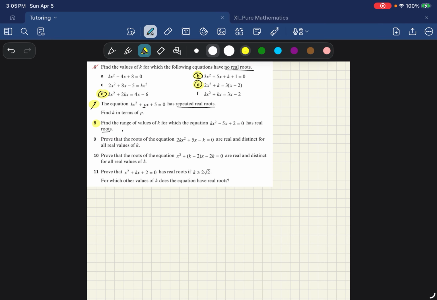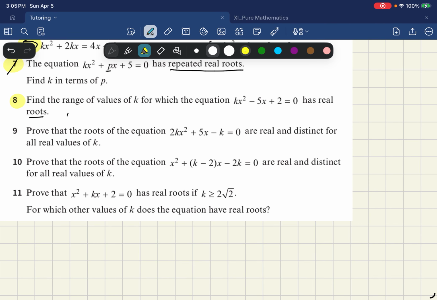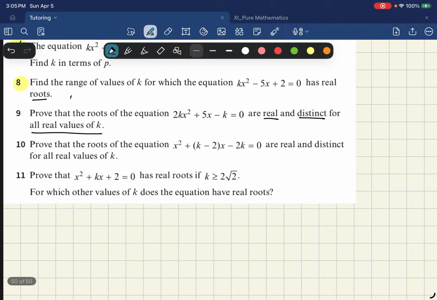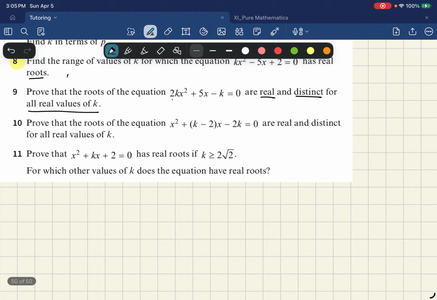All right, so question 9. Prove that the roots of the equation are real and distinct for all real values of k. All right, so let's just look at the discriminant of the equation. b squared minus 4ac. b is 5, so 5 squared is 25, minus 4, a is 2k, c is negative k.